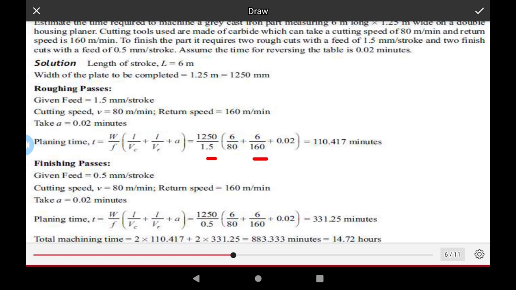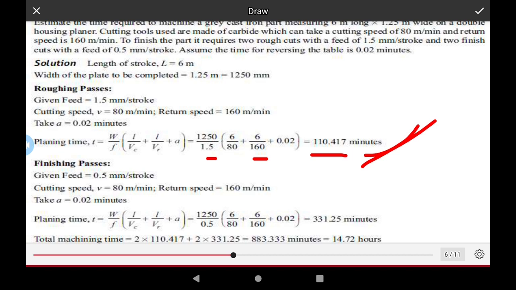Solving this gives 110.417 minutes for the roughing machining time.